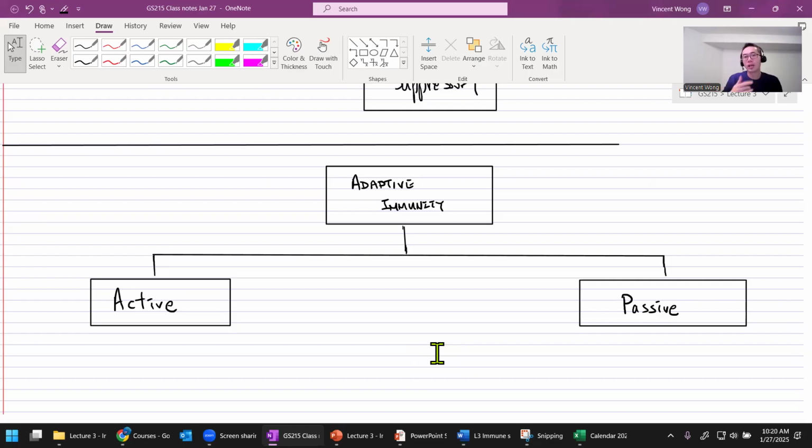Okay, when you're receiving a vaccine, you are after all introducing foreign antigens into your system, right? So all those innate things that we talked about, the fever, the inflammation, that's part of what happens when your body's reacting to a foreign antigen, right?